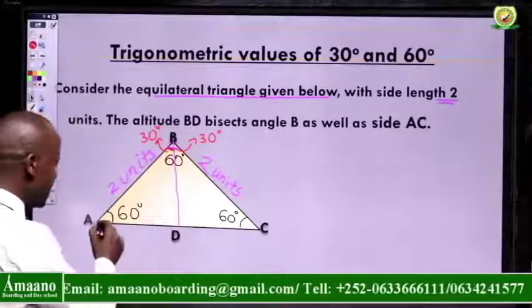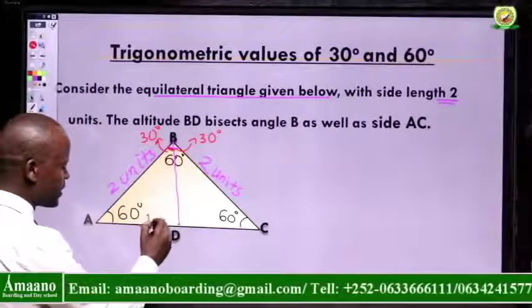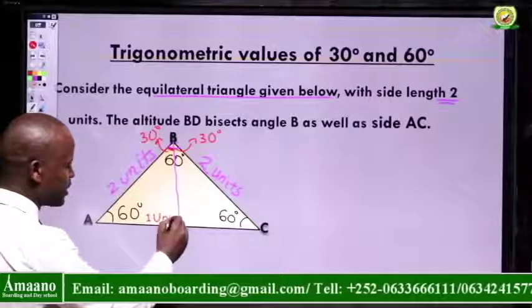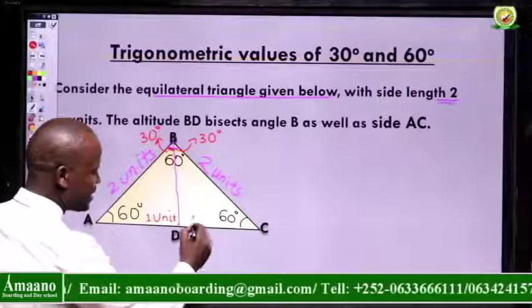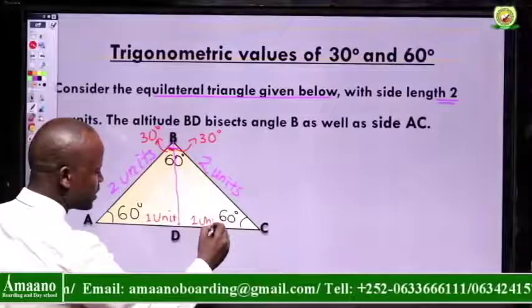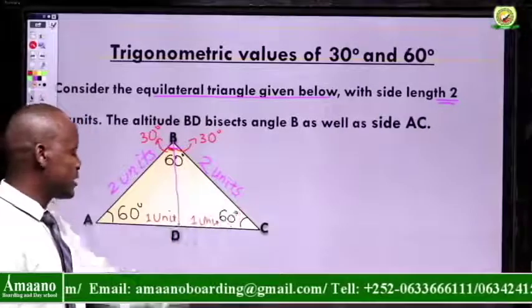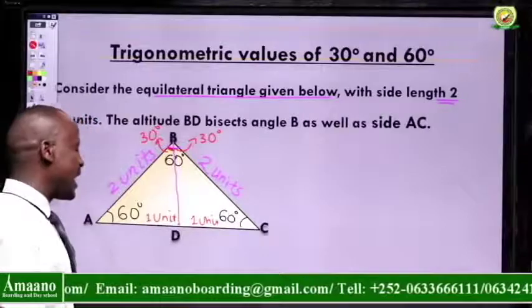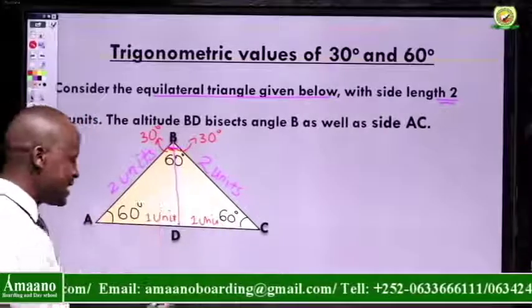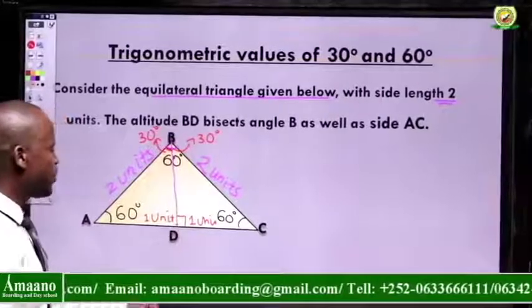That means the length from point A to point D is 1 unit, and the same is true for the remaining part DC, which is 1 unit. And when we say BD is the height or altitude, it means BD forms a 90 degree angle with side AC. So we have a right angle here at point D.